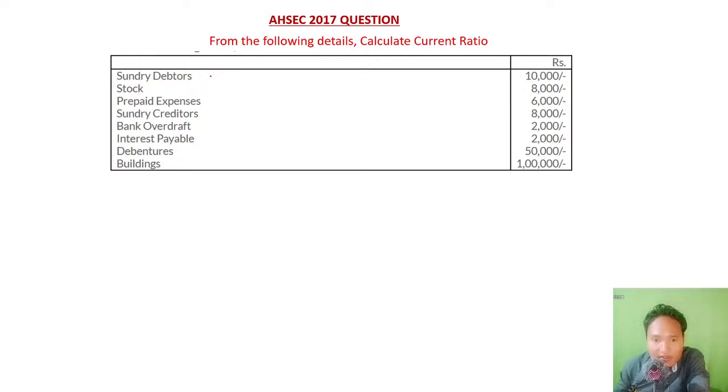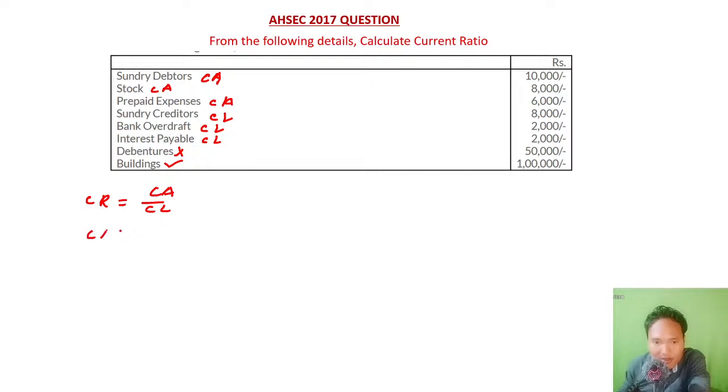We have here sundry debtors, which is a current asset, stock is also a current asset, prepaid is a current asset, sundry creditors is a current liability, bank overdraft is a current liability, interest payable is a current liability, debentures will not be included, buildings is a fixed asset. So as usual, current ratio is equal to current assets by current liabilities.